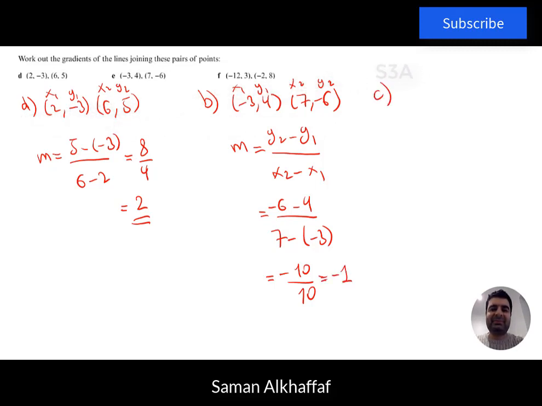For part C, we have the points (-12, 3) and (-2, 8). So we have x1, y1, x2, y2. The gradient will be y2 minus y1 over x2 minus x1.